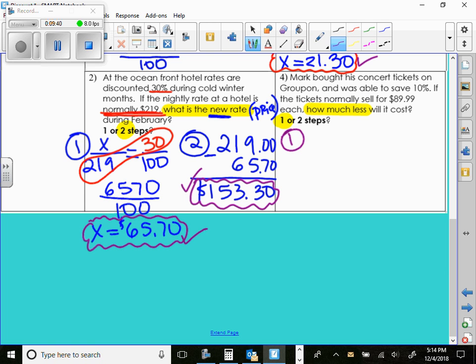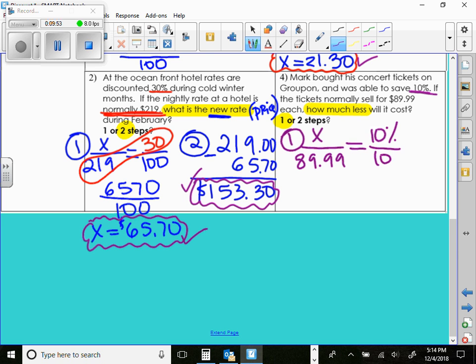My x is how much money he saved, over $89.99, the original price, equal, the rate is 10% over 100. I'm going to cross multiply 89.99 times 10, and that is 899.9.